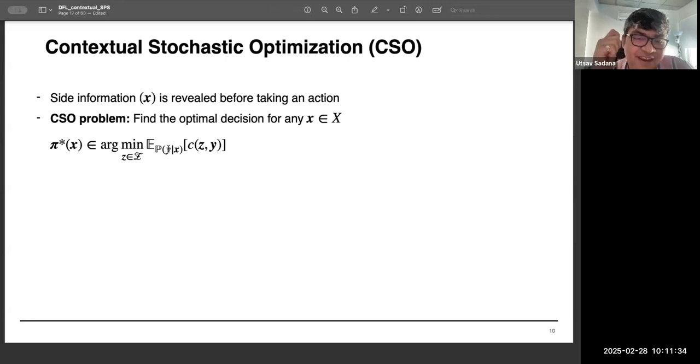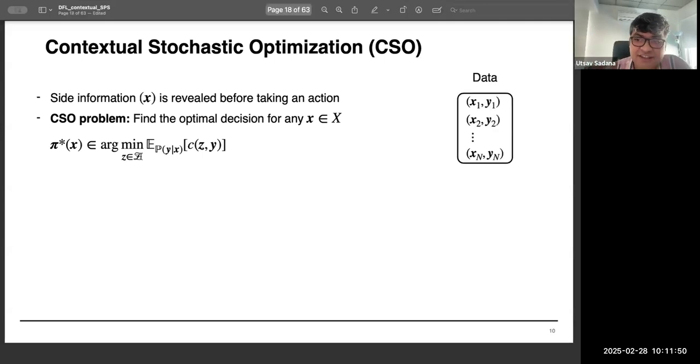So for a given x, you know the distribution of y, and you solve this problem for every x. Once you do this for every x, you know what is the policy that you should implement for any given x. Now you can see here that in the real world, we don't have all these features in our data set. Our data set could be a pair of x1, y1, x2, y2 until xn and yn, right?